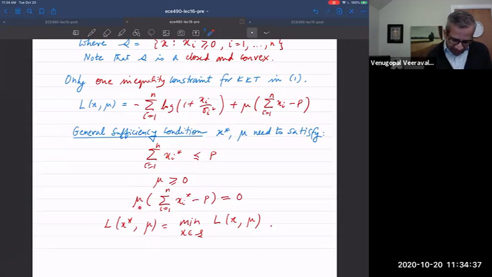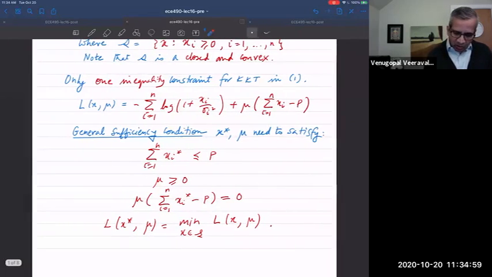The thing that remains to be shown is this complementary slackness condition. What we really need to show is that there's a way to make this happen with xi star. Remember, the xi star involves a mu. So can we choose a mu such that this happens with equality?